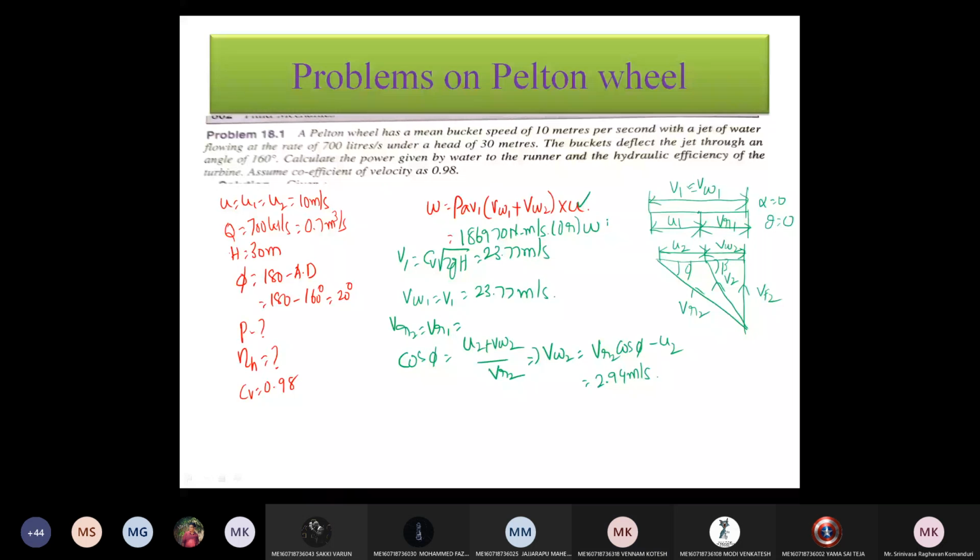So power is equal to 186970 by 1000, which is 186.97 kilowatts.